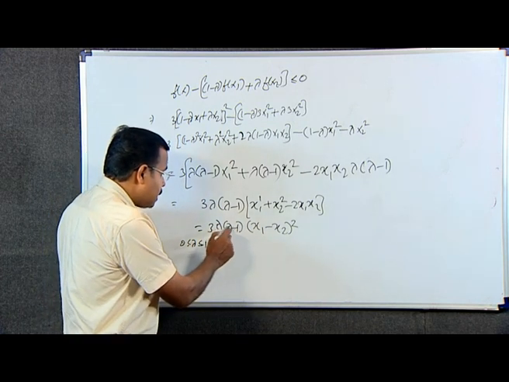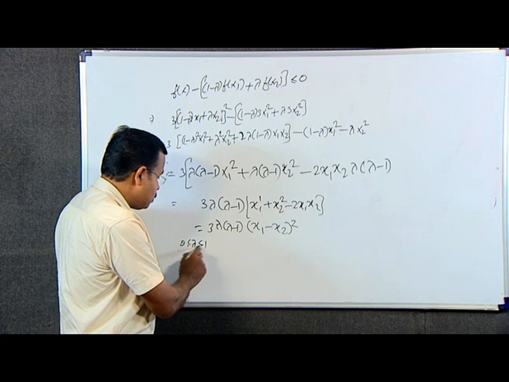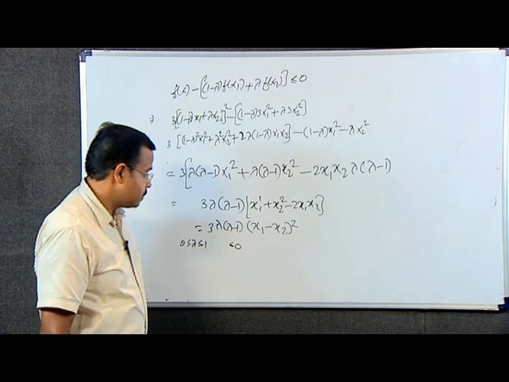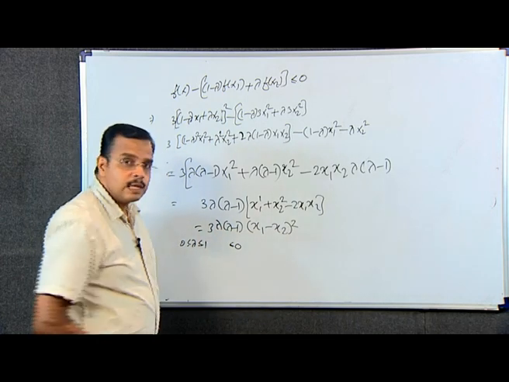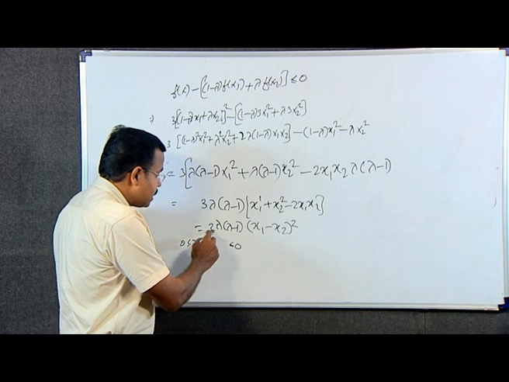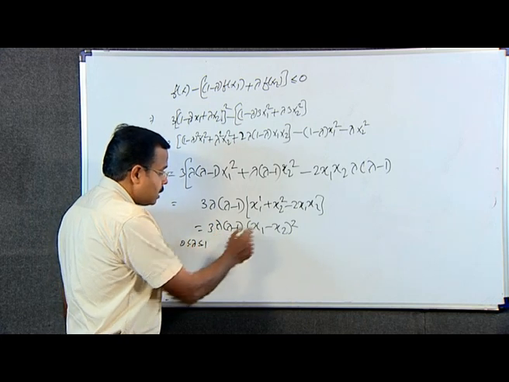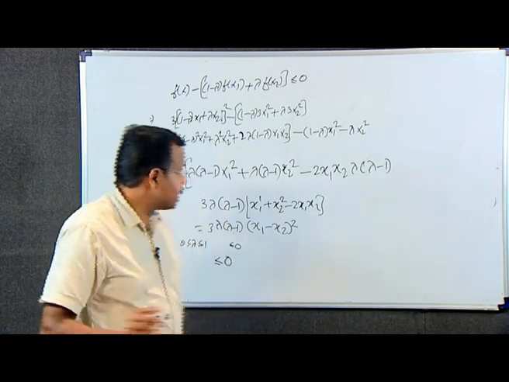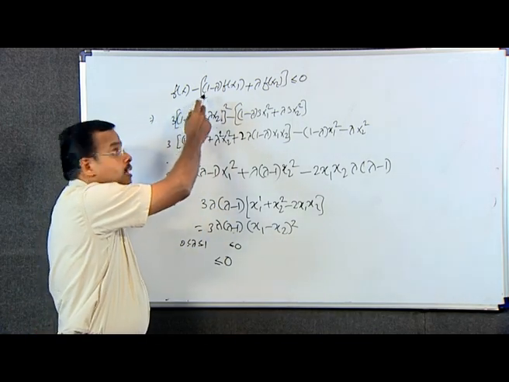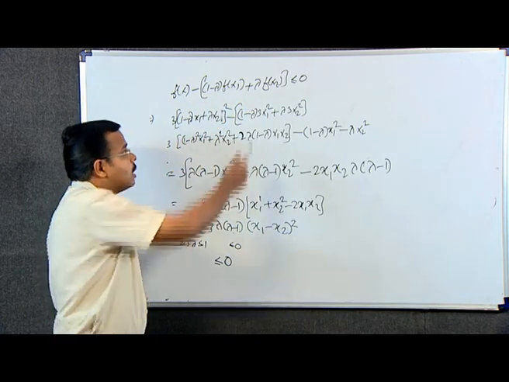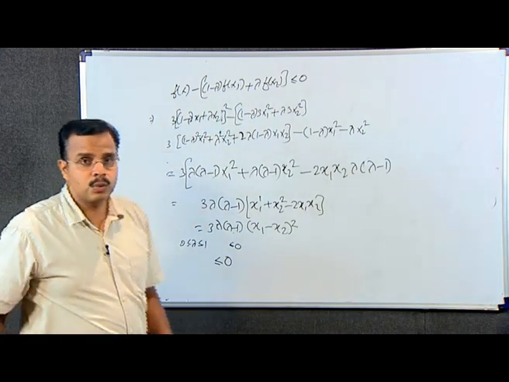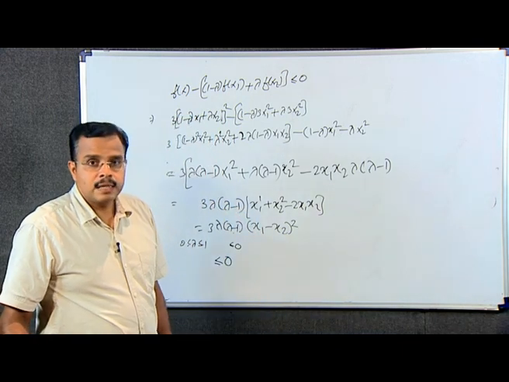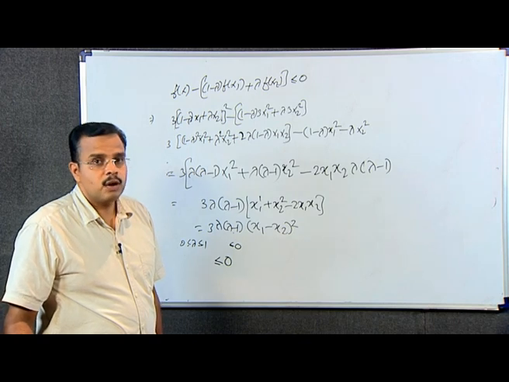But since lambda is between 0 and 1, lambda minus 1 is less than or equal to 0. Because of this, the entire quantity 3 lambda (lambda minus 1) (x1 minus x2) the whole square is less than or equal to 0. That means f of x minus ((1 minus lambda) f of x1 plus lambda f of x2) is less than or equal to 0. That is, the function f of x, that is 3x square over R1, is a convex function.